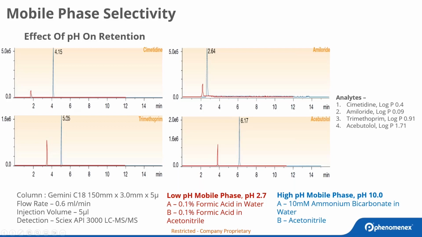So you can see that for all of these basic compounds, they are getting additional retention when run at their neutral state, and they're able to retain on the column longer when compared to an acidic state. And here you can see their log P's.